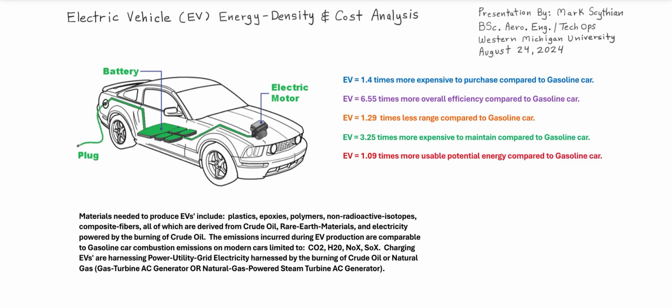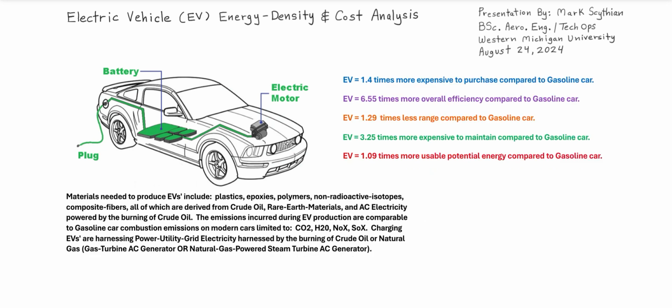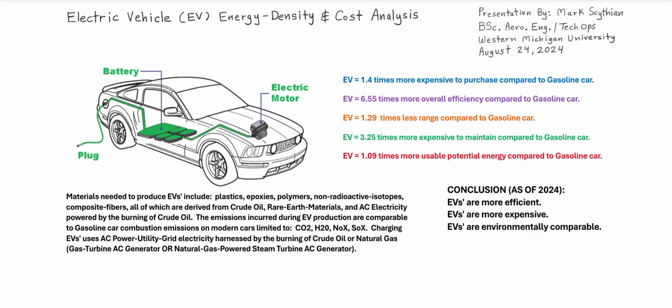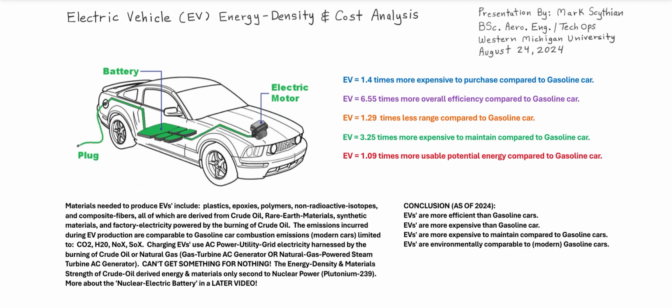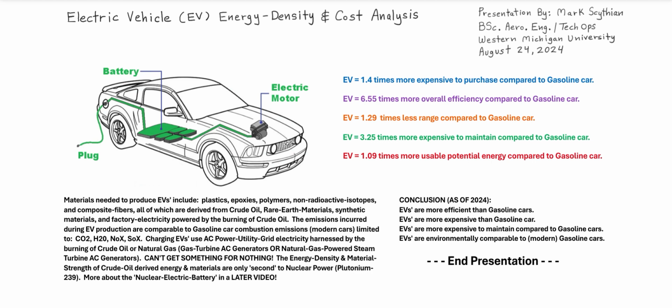Electric vehicle, 1.29 times less range compared to gasoline car. Electric vehicle, 3.25 times more expensive to maintain compared to gasoline car. And then finally, the electric vehicle, 1.09 times more usable potential energy compared to gasoline car.